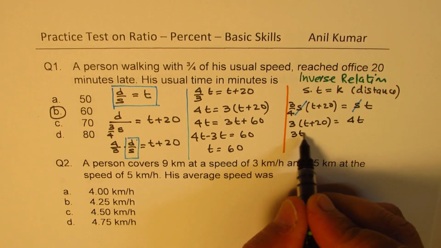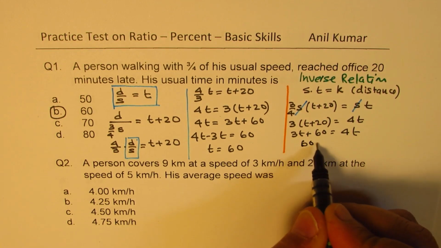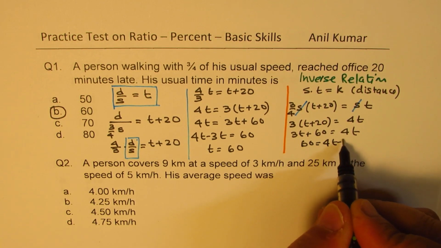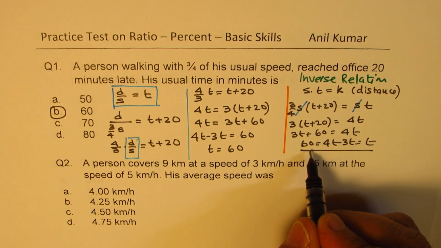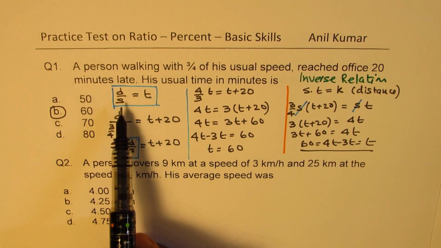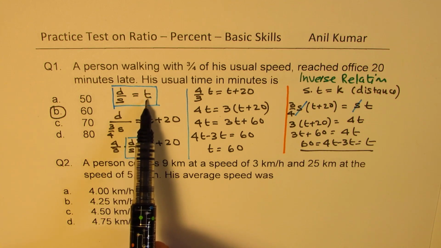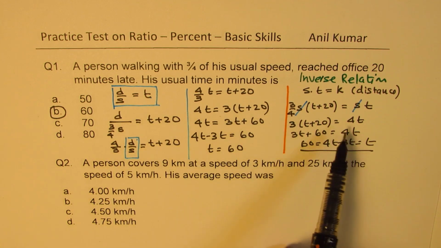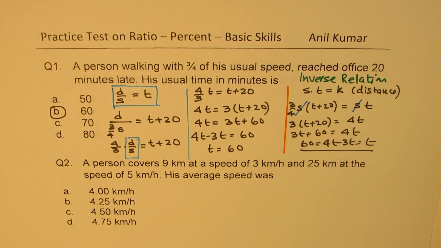So we get 3t plus 60 equals 4t, or we have 60 equals 4t minus 3t, which is t. So we again get the same answer, however, in fewer steps, right? In either case, we have used the same relation, which is distance over speed is time. I hope the solutions are clear. This is a preferred method, however, it is tricky.